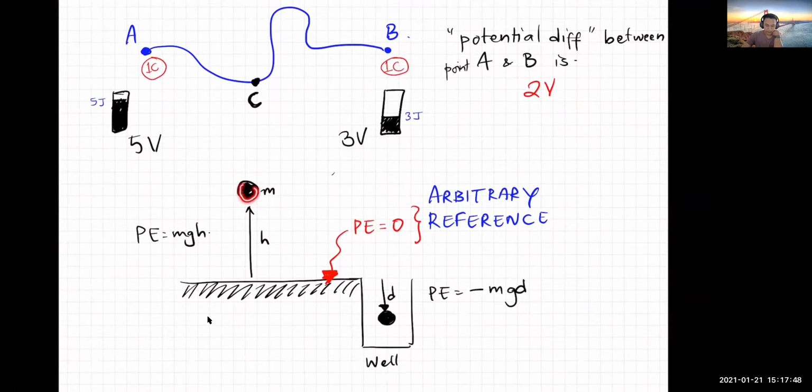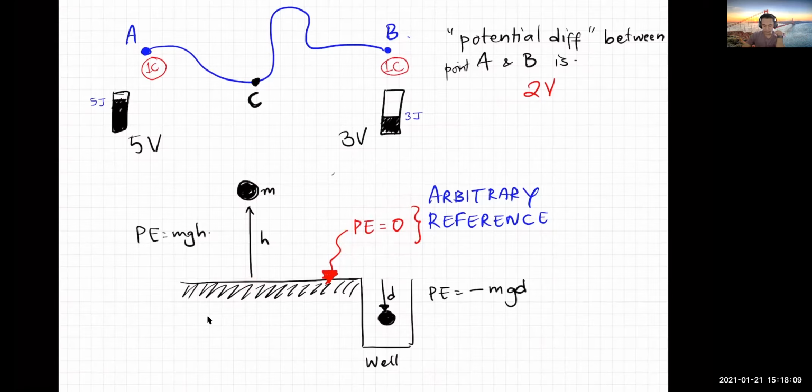So for example, this mass, what potential energy does it have? It has a potential energy of mgh, but that is in reference to this ground, right? We say that the potential energy of a mass on the surface of the earth is zero, but that doesn't mean that it doesn't have any potential energy, right?